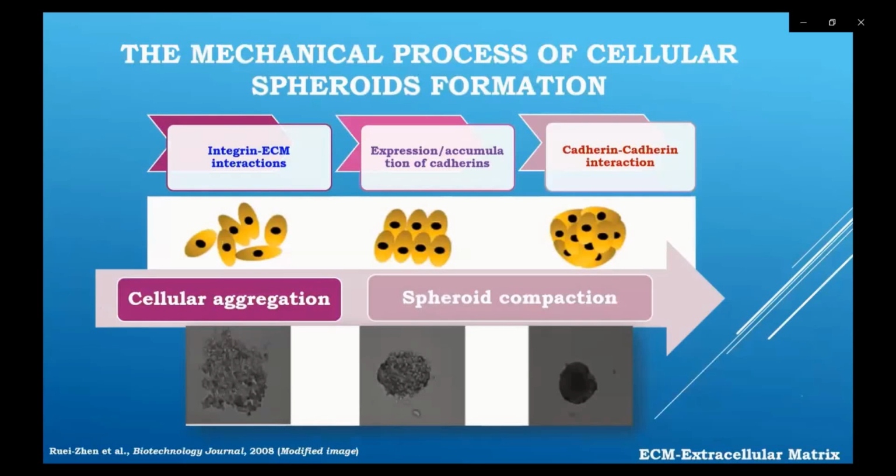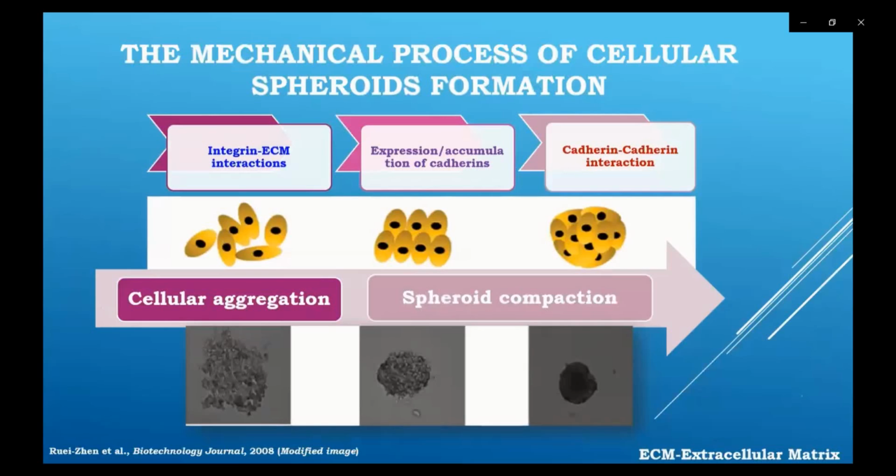And so we can see that in the mechanical process of cellular spheroid formation, there are two important stages: cellular aggregation and spheroid compaction. In the cellular aggregation phase, we have the forming of interactions between integrin and the extracellular matrix on the surface of the cells.